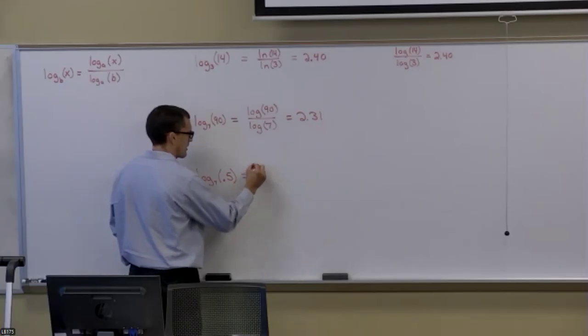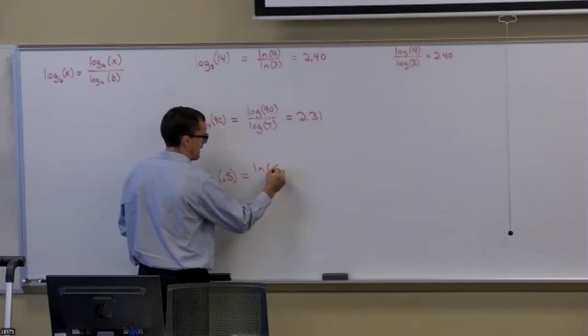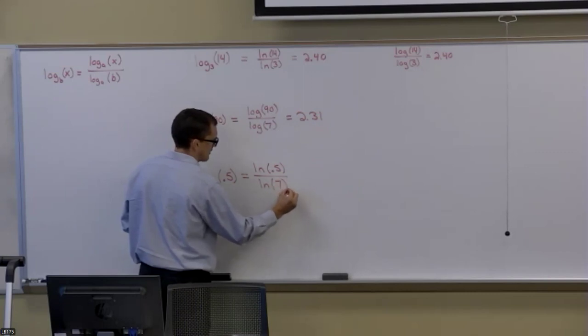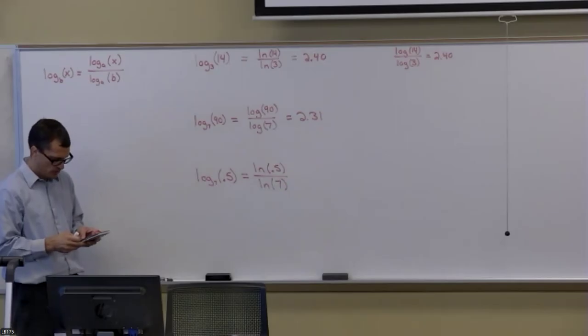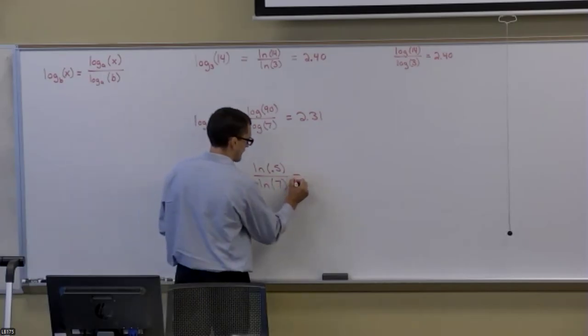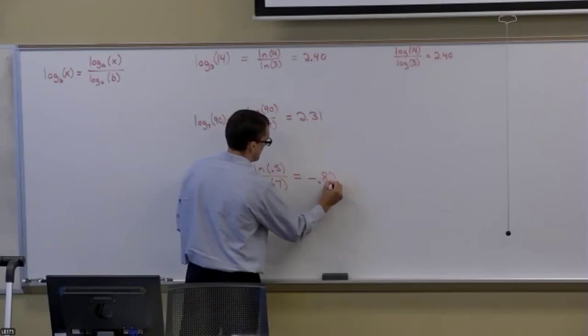Here, we take log or natural log of 0.5 divided by that same log base of 7. We should end up, in this case, with a negative value, and that's negative 0.82.